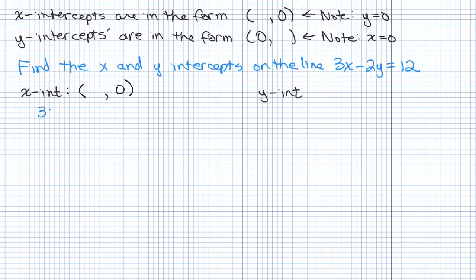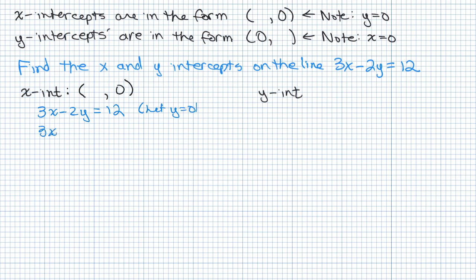So if we take this equation, 3x minus 2y equals 12, to get an ordered pair, you have to put in one value for x to figure out y or vice versa. We're going to put in 0 for y. So you're going to let y equal 0 in this equation.